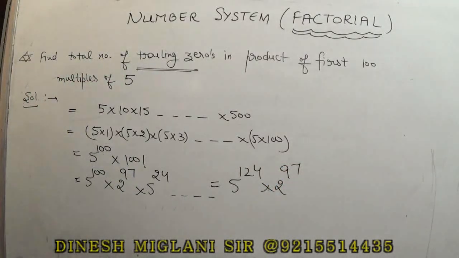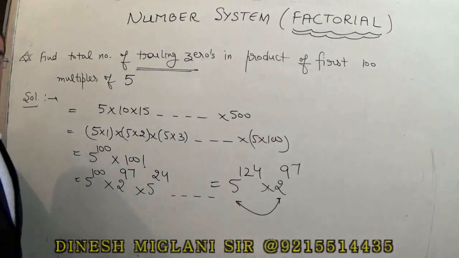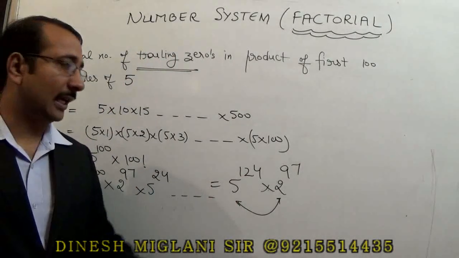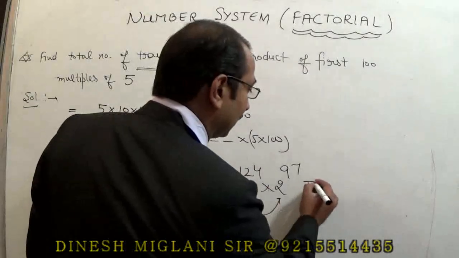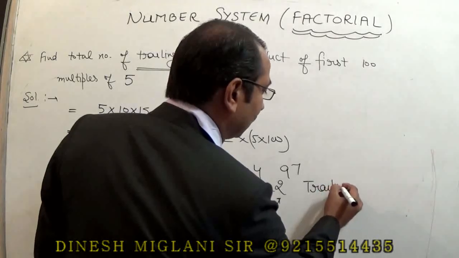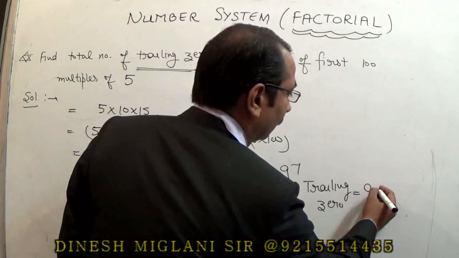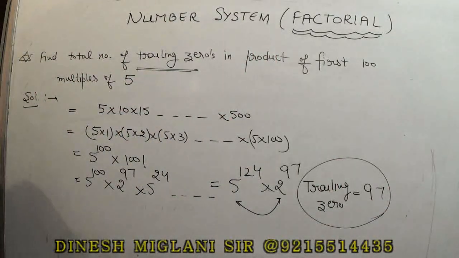Out of these two, which one is smaller? Because for making one 0, I need one 2 and one 5. I have 124 fives and 97 twos. It means my total number of trailing zeros is 97. That becomes my answer.